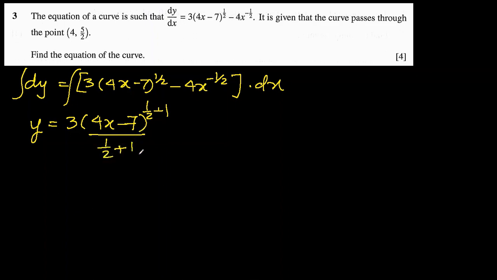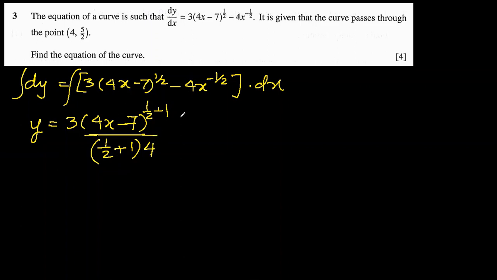We can do this in case it is linear, and if it is not linear, then we will have to do something additional. So since we are integrating, we will divide it by the differentiation of what is inside, which is 4x minus 7, and its differentiation is just 4.